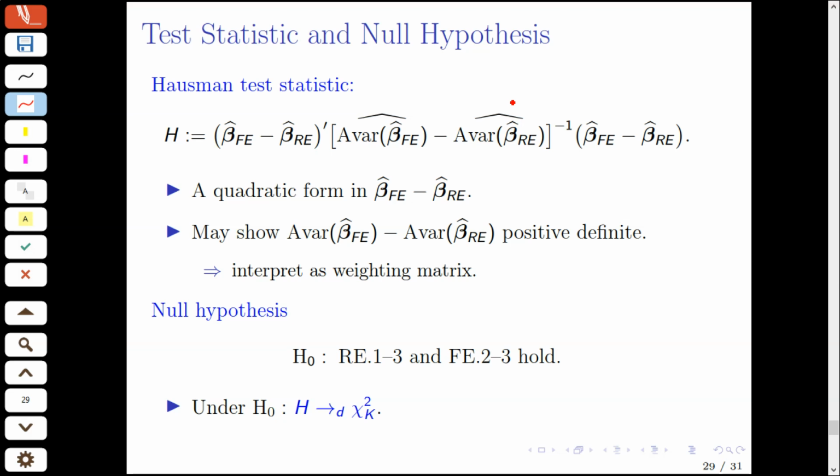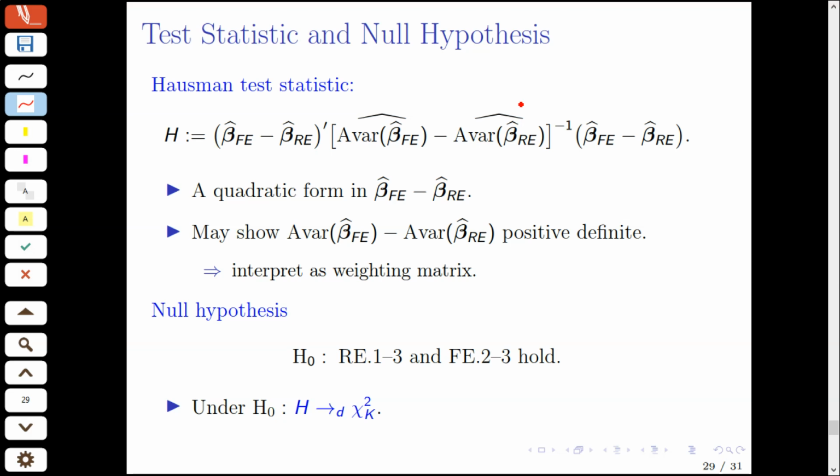Hence, the term here in squared brackets should be a positive definite matrix. One may formalize this intuition and show that this matrix in squared brackets is in fact positive definite, such that it has a legitimate interpretation as a weighting matrix.